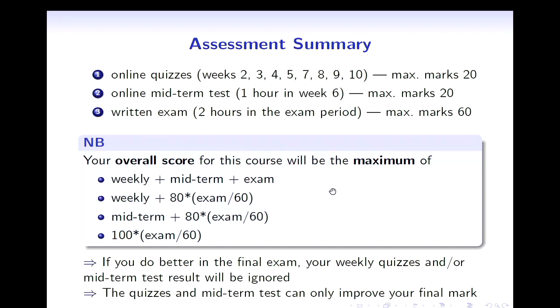What all that actually means, if you don't understand the mathematics behind it, is that if you do better in the final exam, then your weekly quizzes and/or the midterm test result will be ignored. I'm doing that only once, for the very first course, for everyone who is new here.